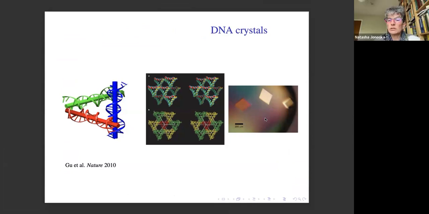Everything requires lots of salt and lots of positive charge, because DNA is negatively charged. The whole process is really just letting them cool down and self-assemble in a very slow manner. Yeah. Good. Thank you.